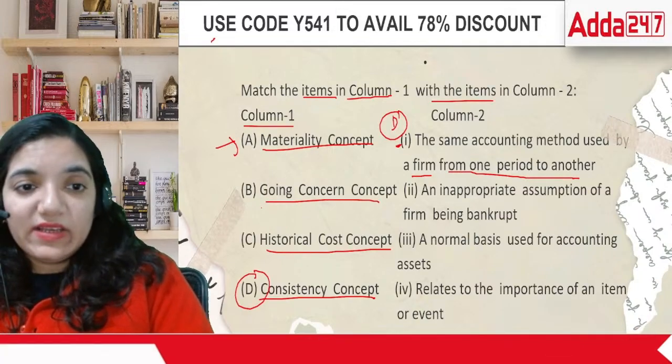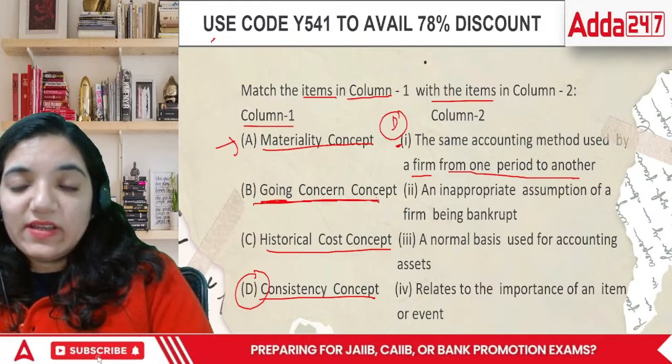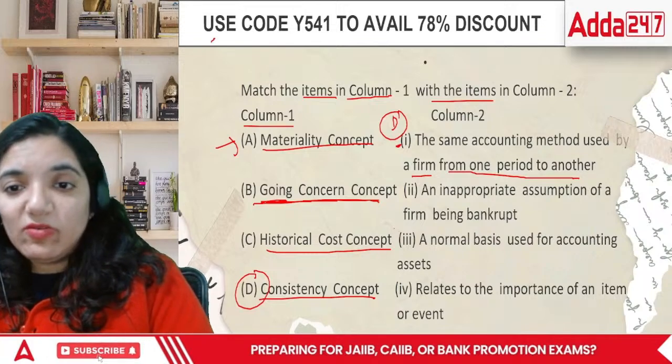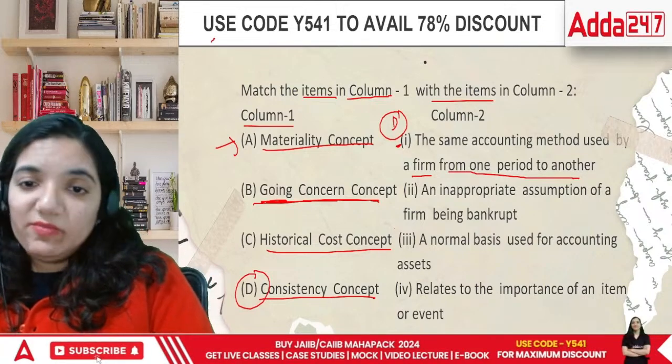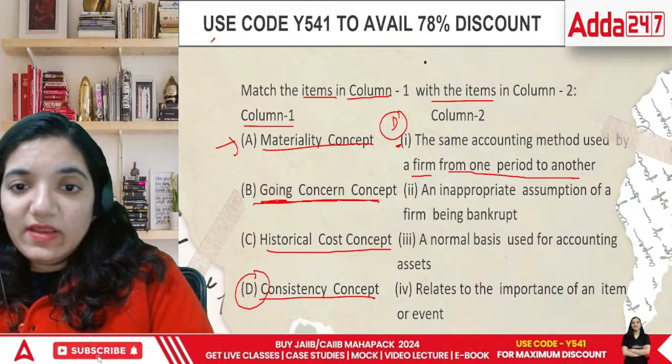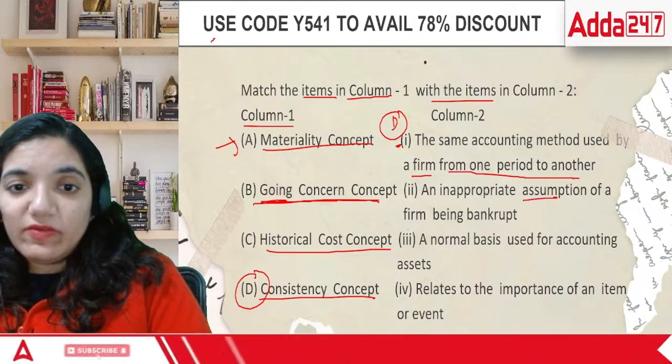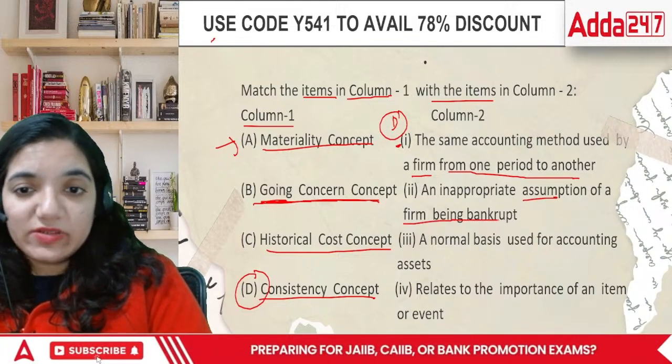Then we have the going concern concept. That means men may come and men may go, but in the foreseeable future, the business is going to be there. An inappropriate assumption of a firm being bankrupt.